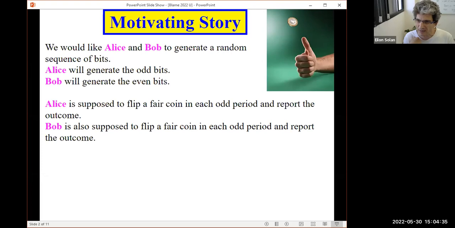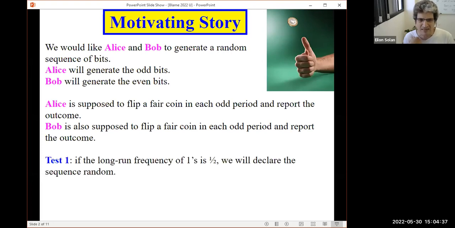There are many randomized tests, and it's not really important which one we run, but suppose that our test is as follows. We check whether the long run frequency of ones is 1/2. If it is, we announce that the sequence is random, and otherwise we know it is not random.